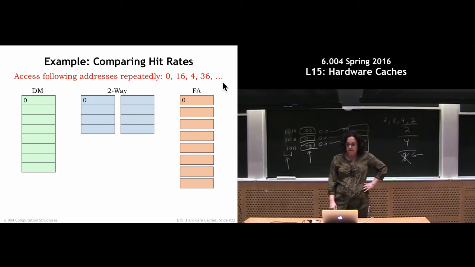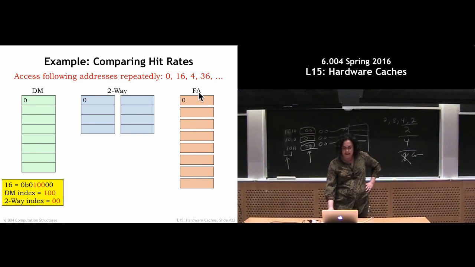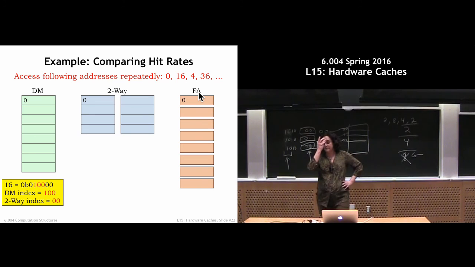Well, for the address 0, the index is going to be 0 for my direct map cache. It's also going to be 0 for my two-way set associative cache, so it'll go in one of these 2 locations. And for the fully associative cache, it can go anywhere. So let's just fill in the top box. Now I go look at address 16, okay? Recall that the bottom 2 bits are just doing my word alignment. So the next 3 bits are going to give me my index for my direct mapped cache.